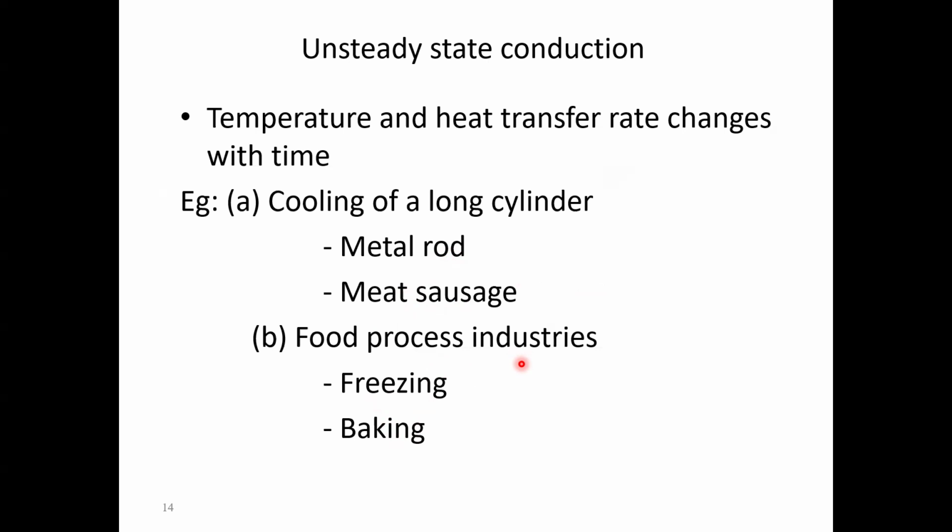So you do want to know unsteady state conduction, or you should be able to develop equations for unsteady state conduction and calculate the temperature that is needed to cool down an object from a certain temperature to this, or heat an object from a certain temperature to a very high temperature. Those are all unsteady state processes, so we should know unsteady state conduction for those reasons.